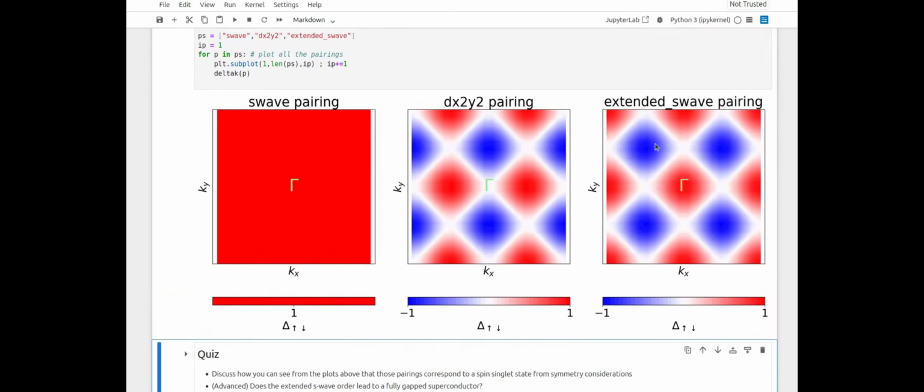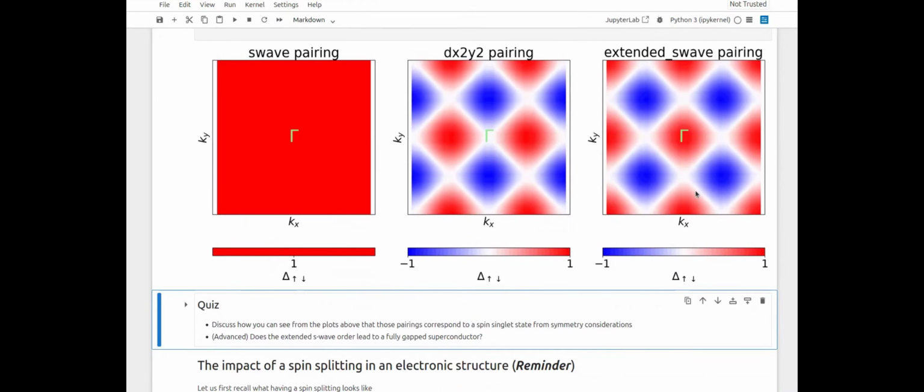But if your Fermi surface happens to cross these white regions, then your superconducting order would be zero at certain points of the Fermi surface, and therefore at those points of the Fermi surface, you would not open a gap. So extended S-wave superconductors can have a gap, or they can be gapless, and this depends very strongly on how your Fermi surface is.